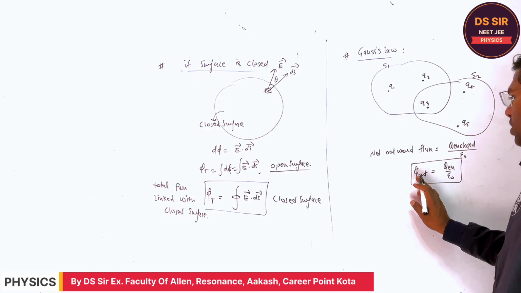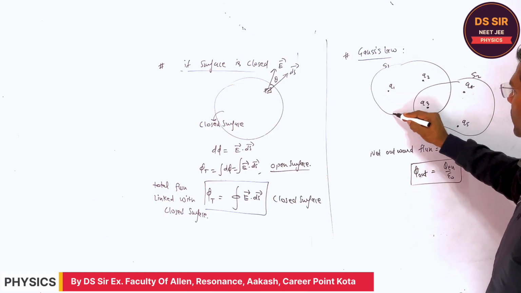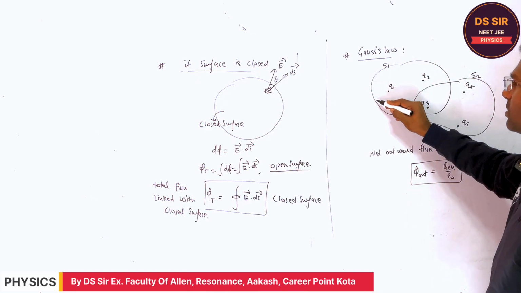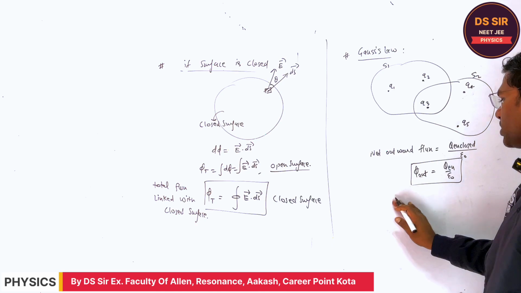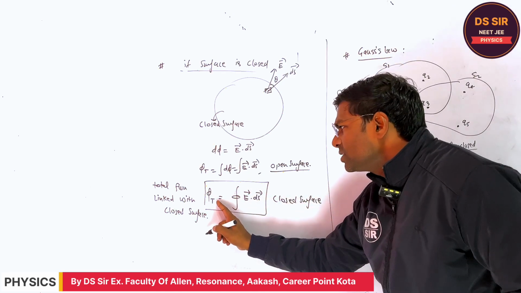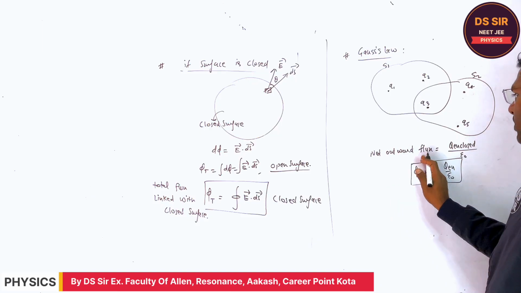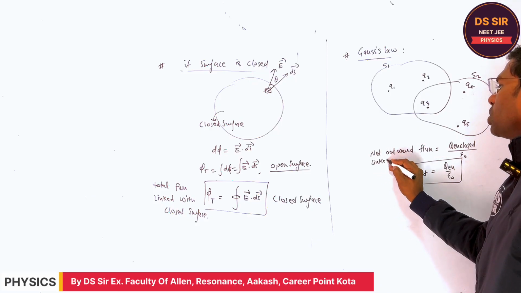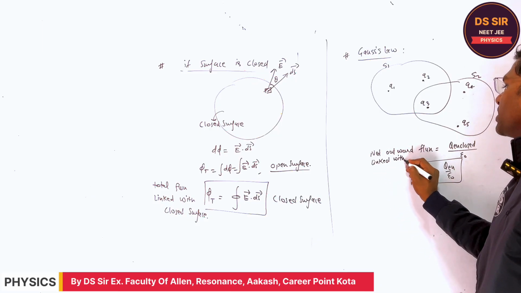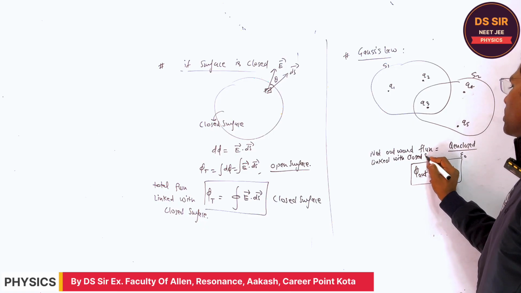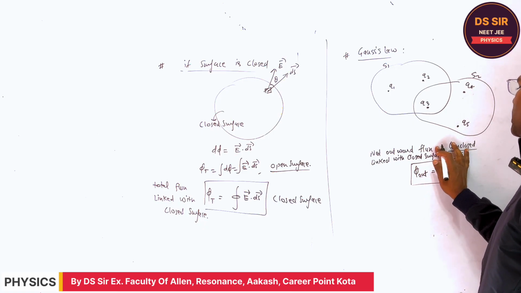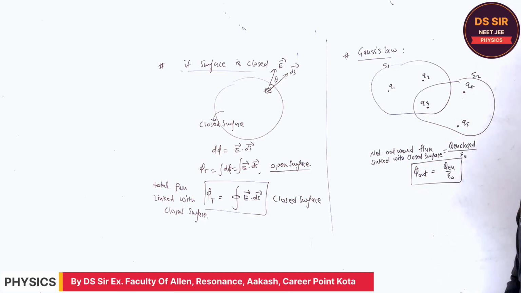If you consider the surface S1, what is the net outward flux? It is the net outward flux linked with a closed surface, which is necessary, equal to the charge enclosed divided by epsilon naught.